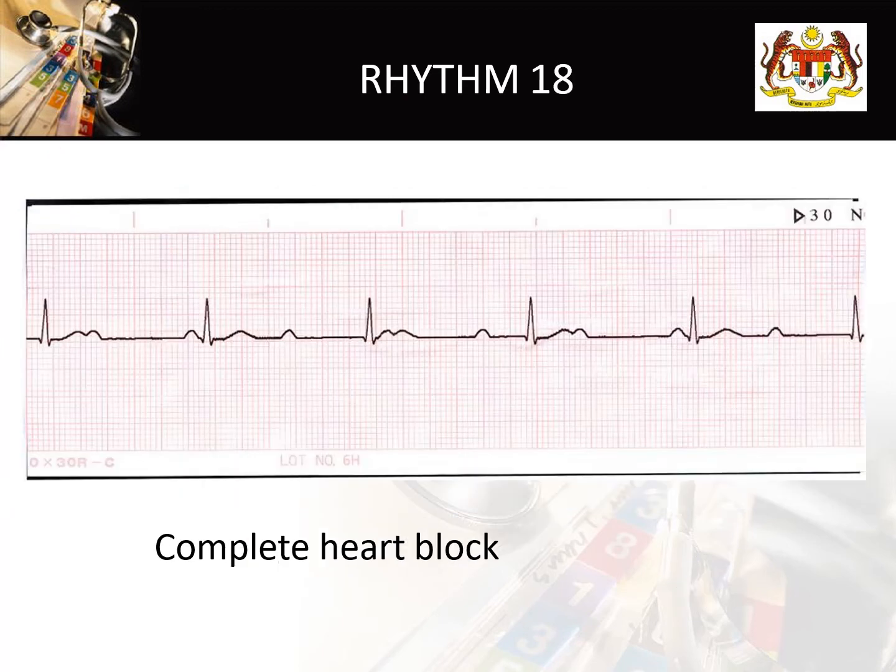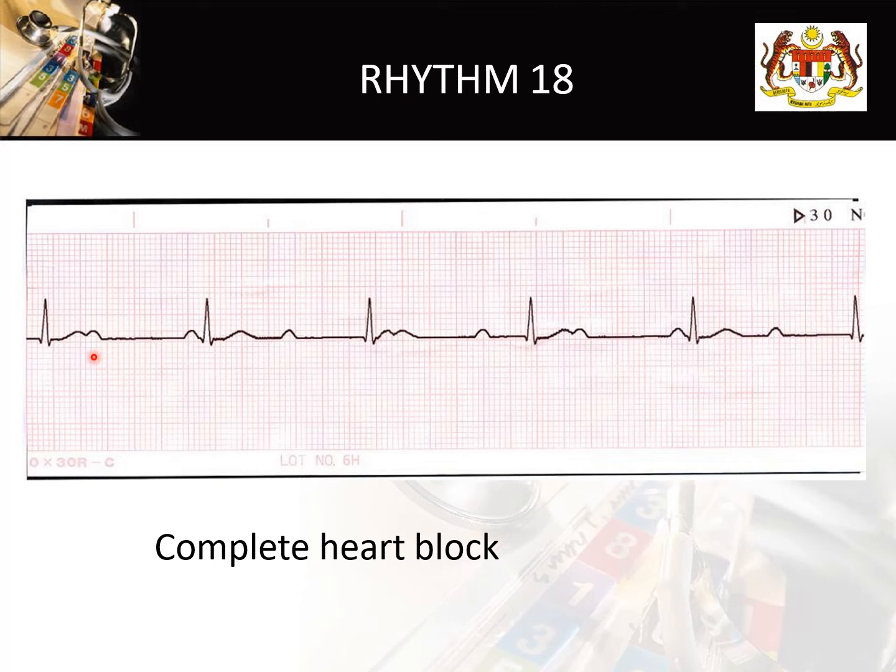Okay, the next rhythm is complete heart block. Complete heart block happens due to complete loss of atrial and ventricular association, that means a block at the higher degree.